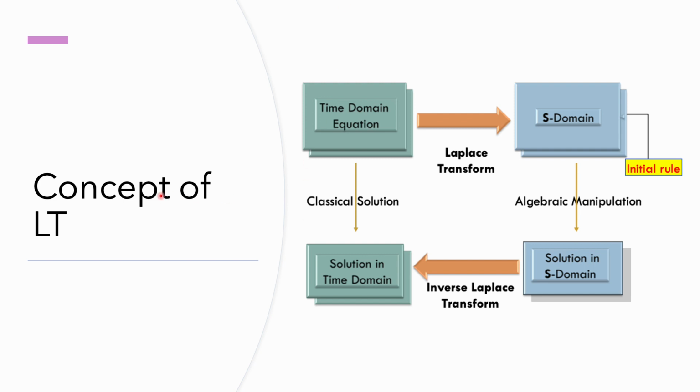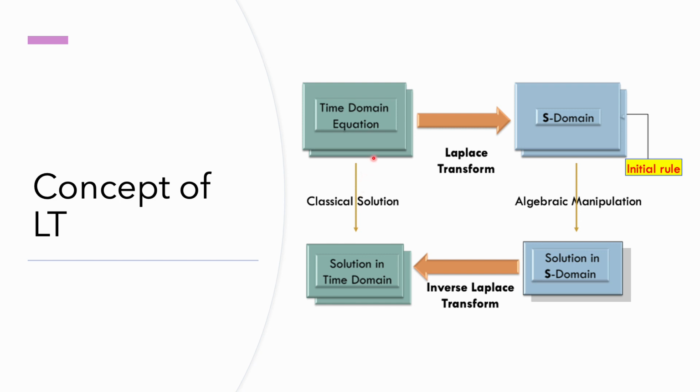Alright, now let's look at the concept of the Laplace transform. Basically, when we have a time domain equation, there is a classical solution to solve it. The classical solution involves differentiation and integration.